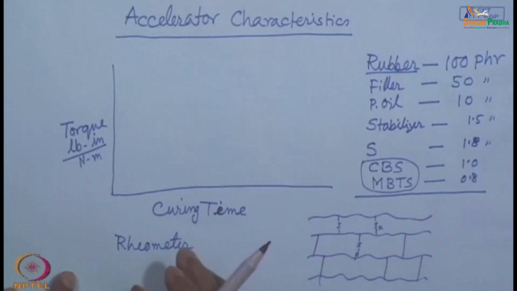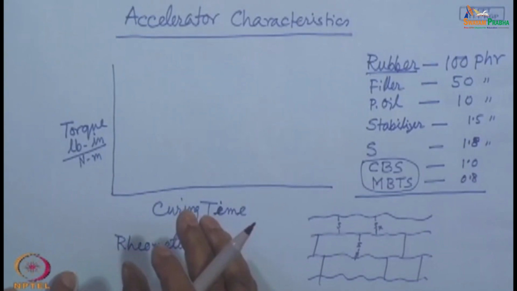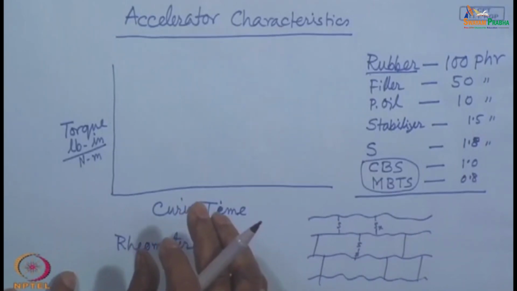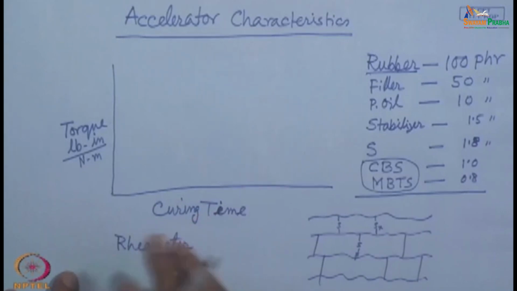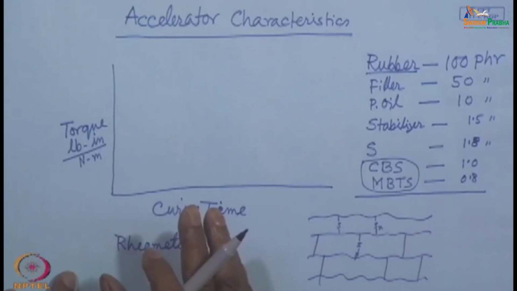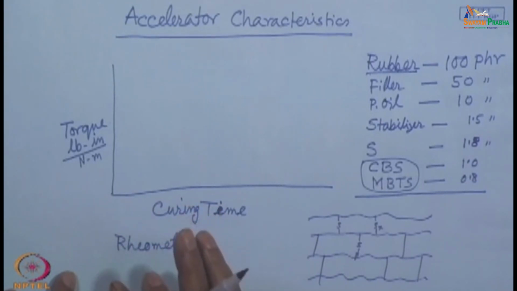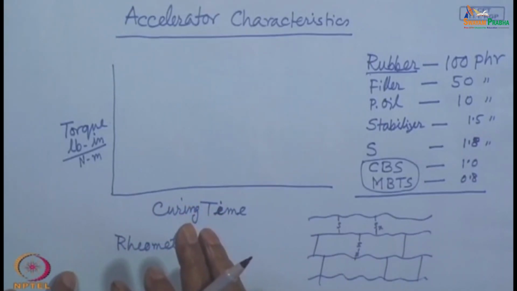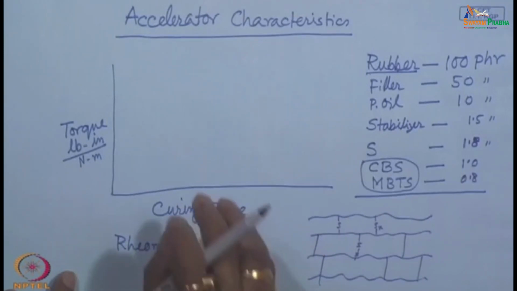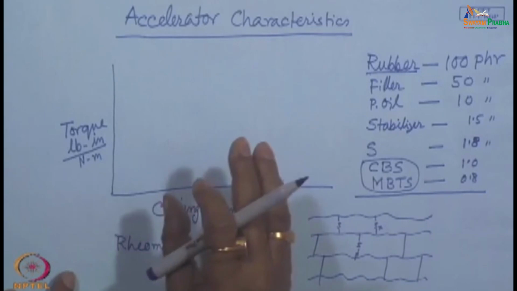It contains a rotor which is connected to a motor, an oscillating disc motor. Oscillatory rotation is provided by that motor that oscillates at 1 degree or 3 degree arc, and that rotor is placed in a cavity, and over the rotor the rubber compound is placed, and two platens of that cavity are closed.